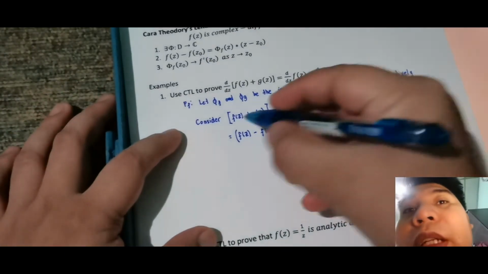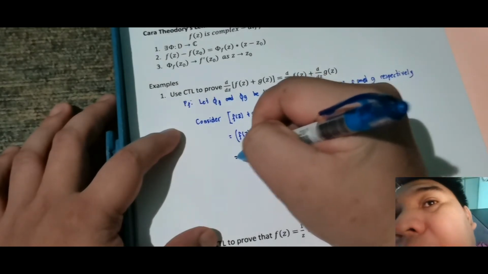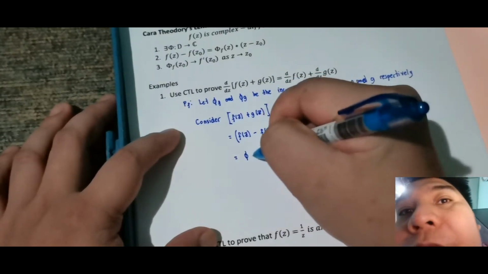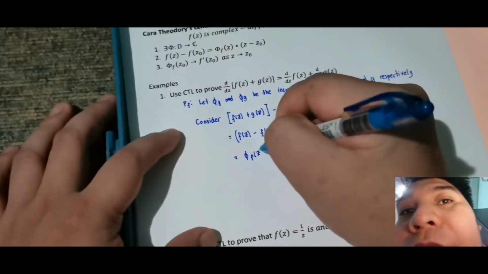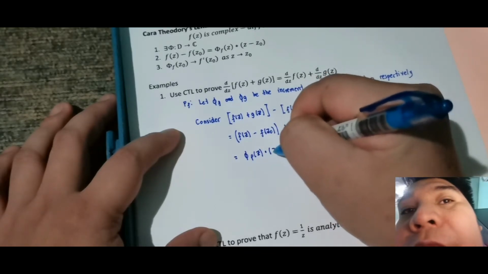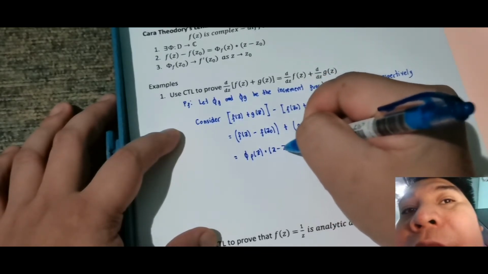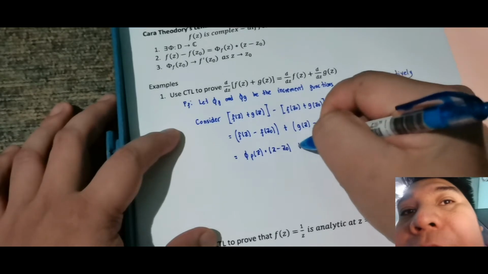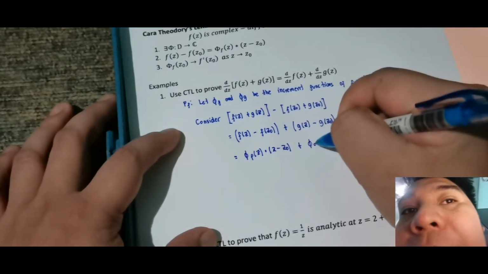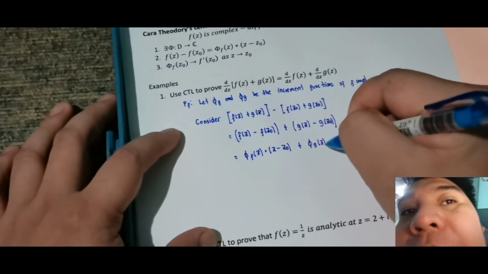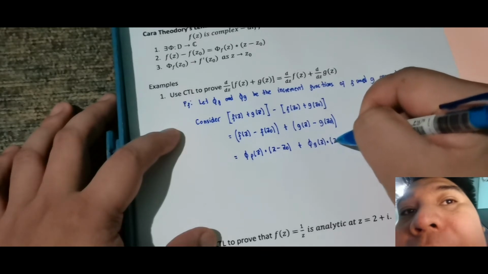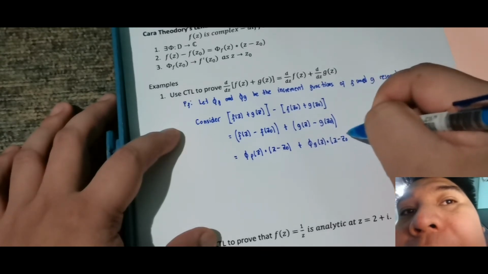Okay, so this is equivalent to p of f of z multiplied by z minus z naught, plus p of g of z multiplied by z minus z naught.